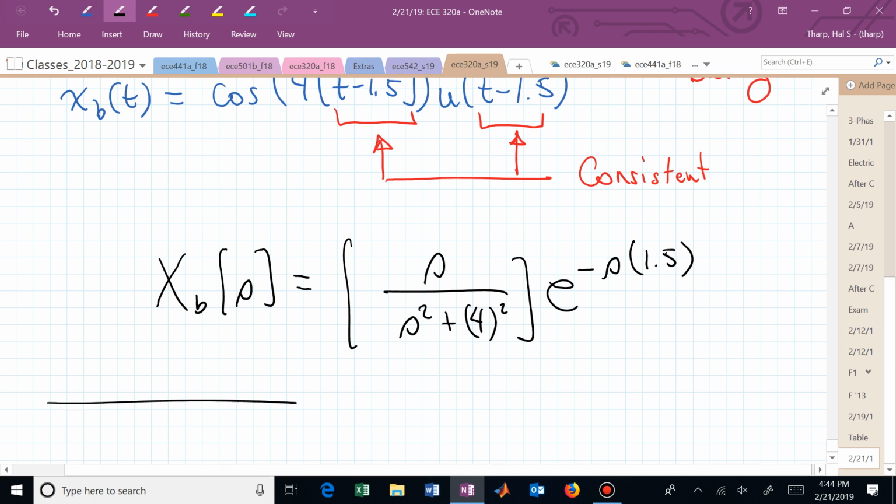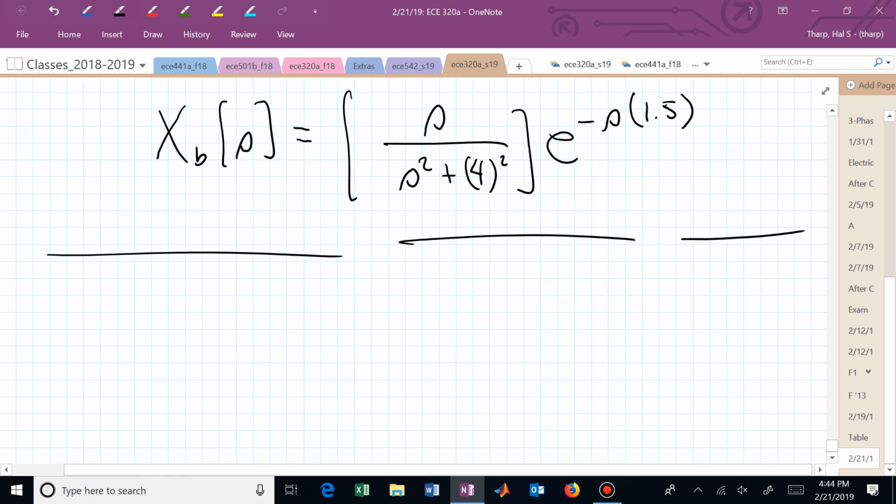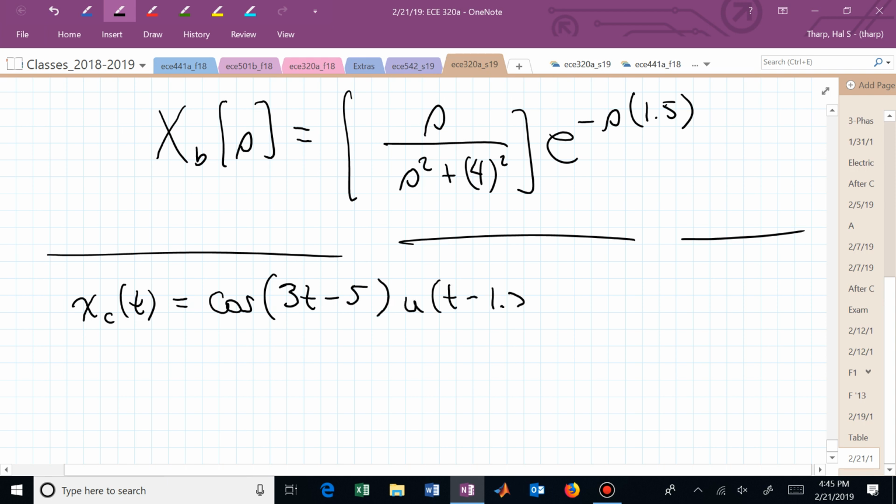What if we did the following? What if I now gave you x sub c of t, which is now cosine of 3t minus 5 u of t minus 1.5. And what have I done here?